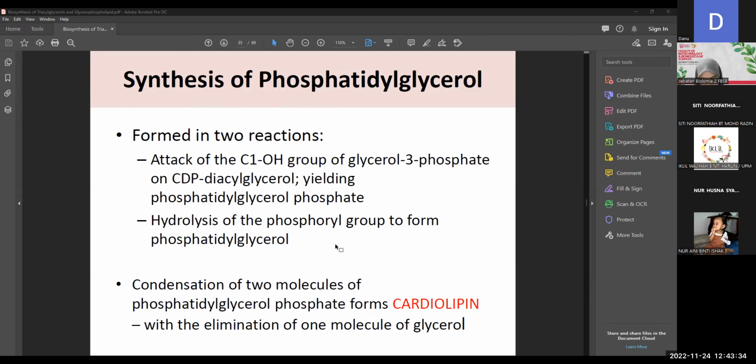So that is cardiolipin. What is cardiolipin?